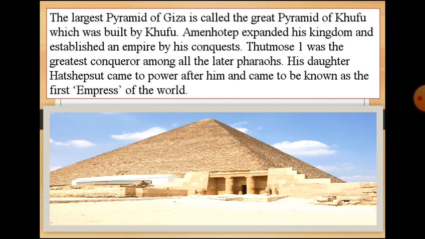He was the first ruler to unite Upper and Lower Egypt. After Menes, Khufu, Amenhotep, and Thutmose were the prominent ones. Khufu was the second pharaoh. Amenhotep was the 9th pharaoh of the 18th dynasty. And King Thutmose was also a ruler of ancient Egypt.